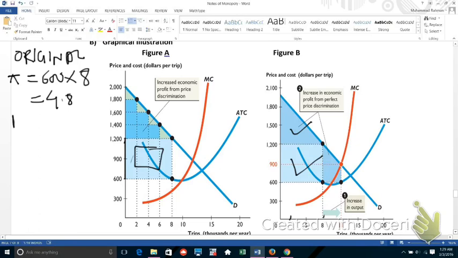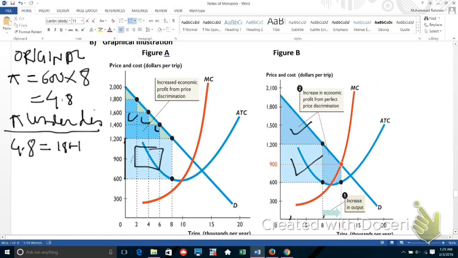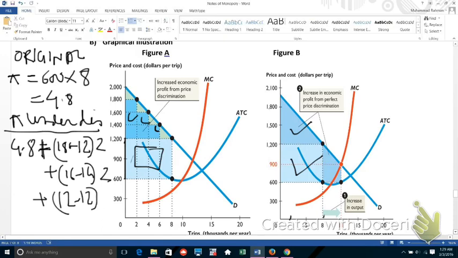Now profit under discrimination is 4.8 plus the 3 new areas that we have just collected. So the first area is 18 minus 12 times 2, plus 16 minus 14 times 2, plus 12 minus 12 times 2, right?